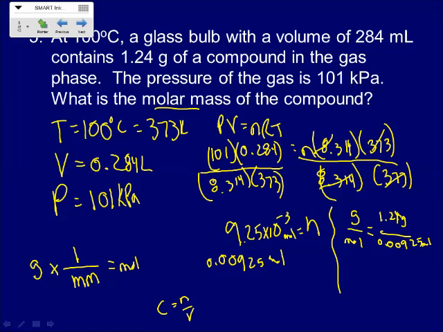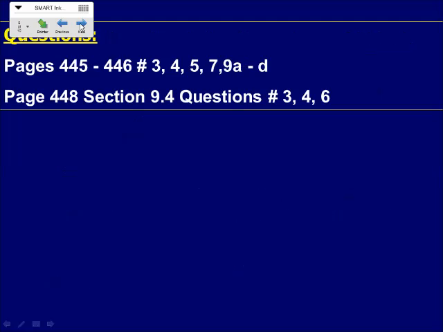And I'm going to get a molar mass of, yep, 134. 3 significant digits. Looks good. 134 grams per mole. Sound good? So don't forget, if you're asked for a molar mass and you're given grams and moles, just divide them off. Force it into a unit of grams per mole. Okay.